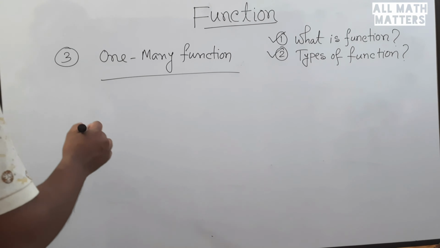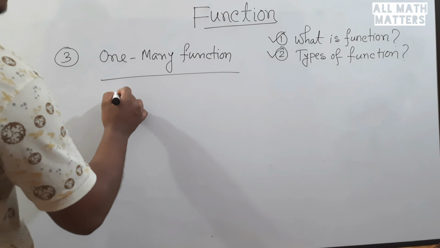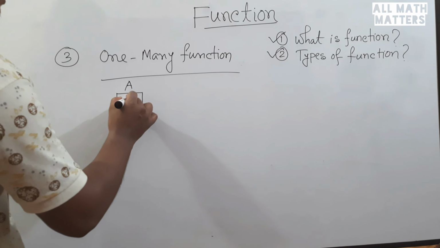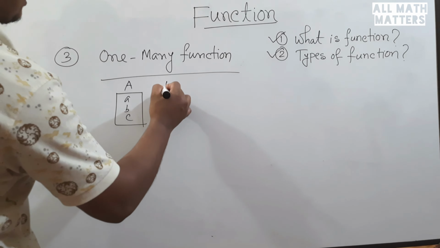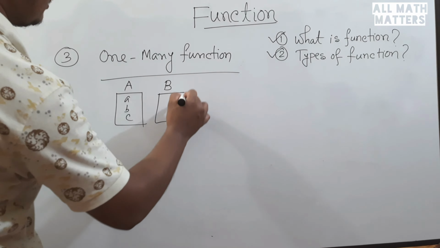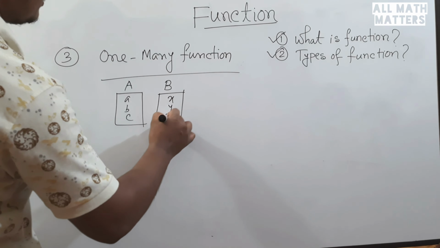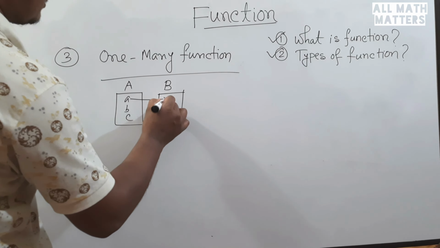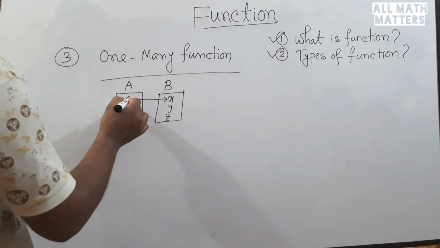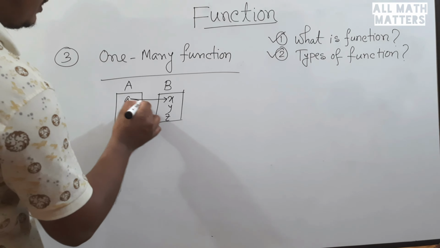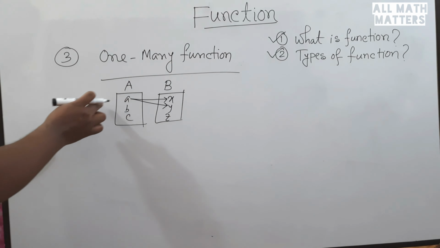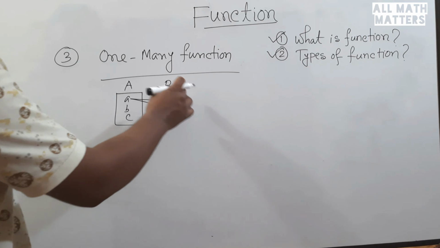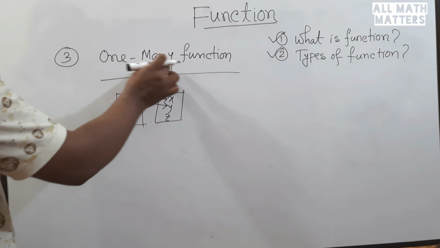That means if we consider a set, again the same thing, A, B and C, and another set B, that is X, Y and Z. For a value of A, if we get X, and for the same value of A, if we get Y, that means for a single value we get more than one value, then this function is called a one-many function.